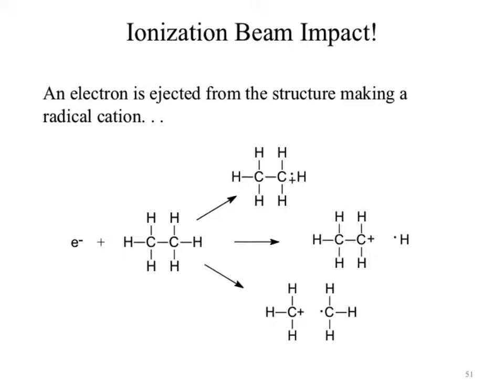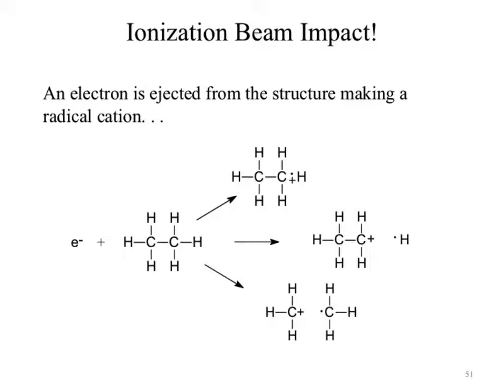So here's my ionization beam, there's my compound, I fire an electron at it. If the electron belonged to, say, the carbon atom, well, I didn't break any of the bonds. But the molecule is now charged because I removed an electron. That is the original mass of the structure. What if I fire the electron at it and it happens to hit the electron in the bond between carbon and hydrogen?